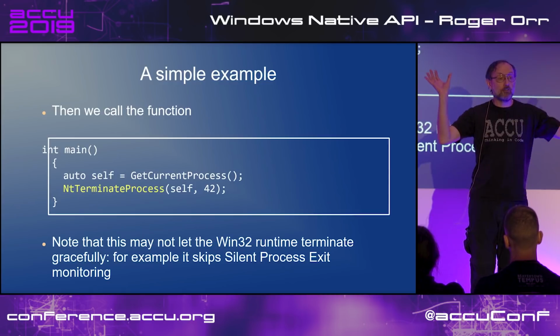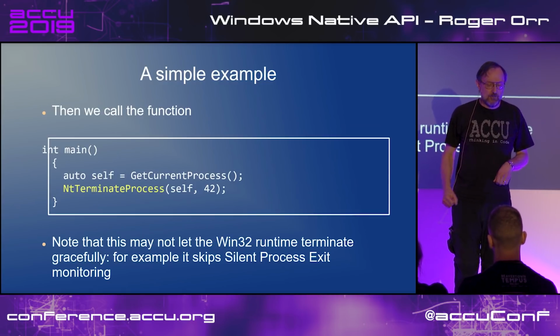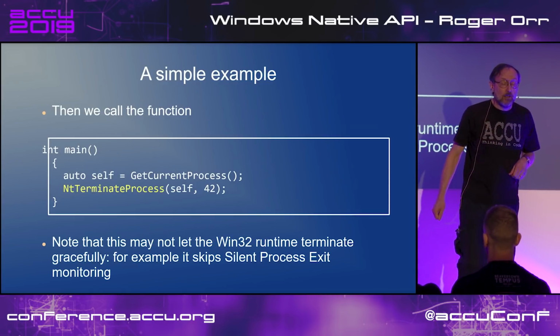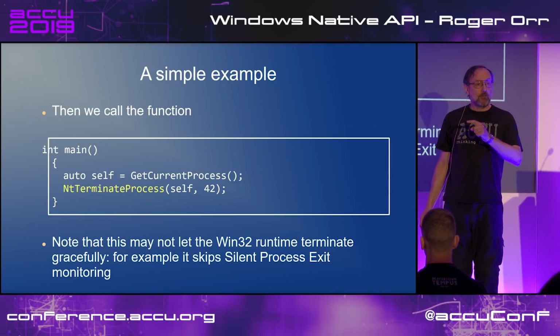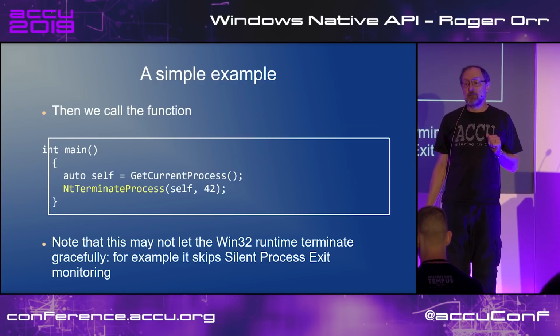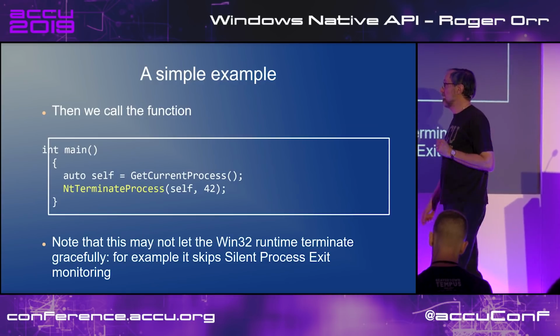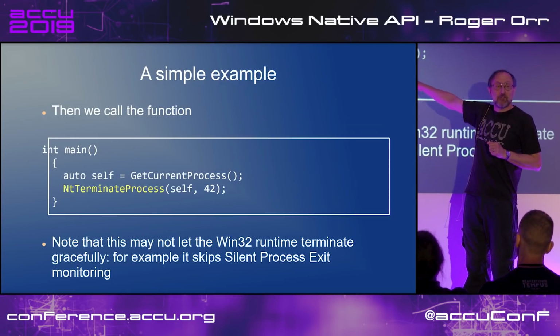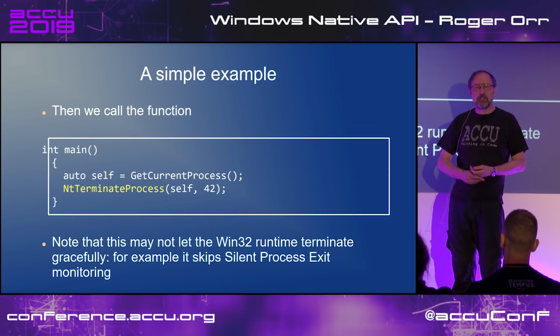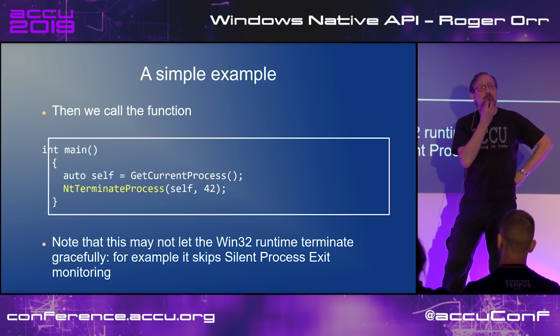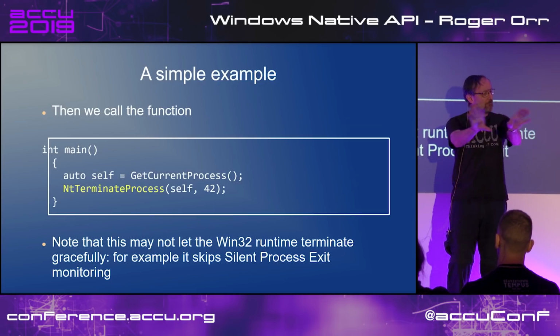You can get additional warnings and alerts. But that's implemented in the Win32 layer. So if I call NT terminate process with 42, that bit of code doesn't get called. And you're thinking, that's interesting, I could make use of that. Don't think that.